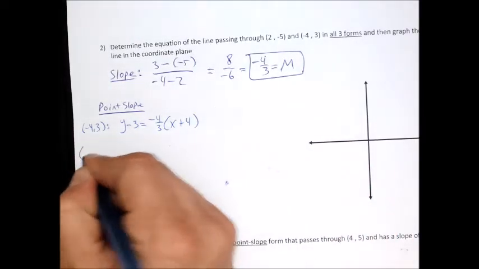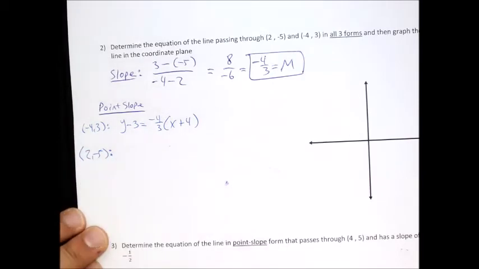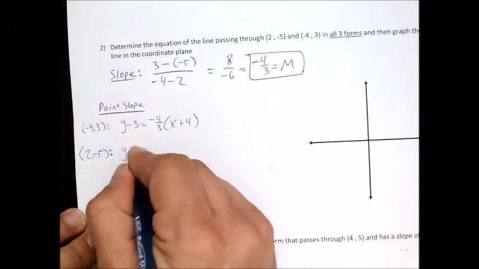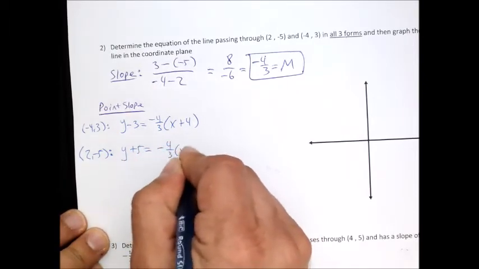Or if we use the point 2 comma negative 5, either one will work. We get y plus 5 equals minus 4/3 x minus 2.